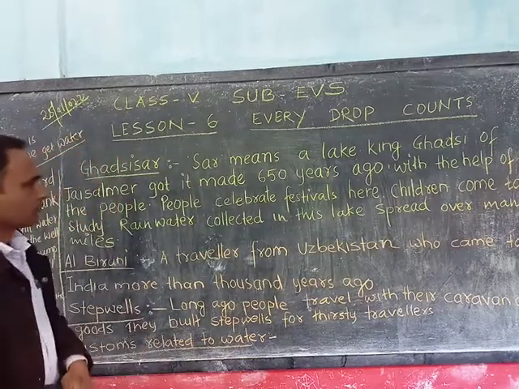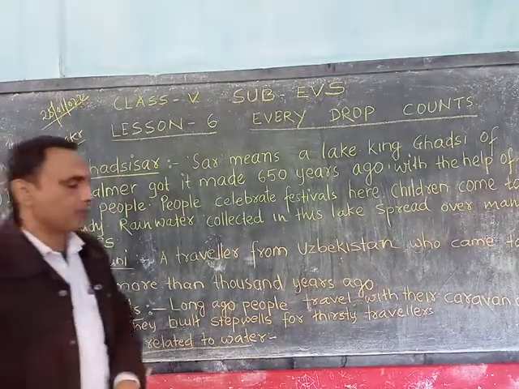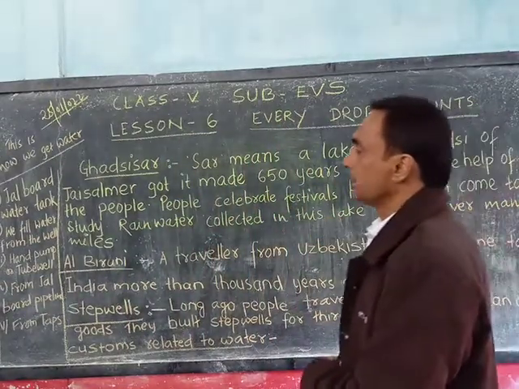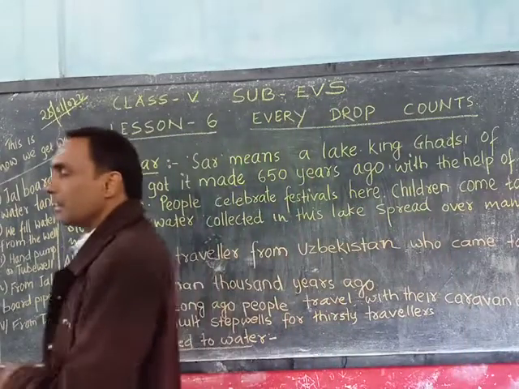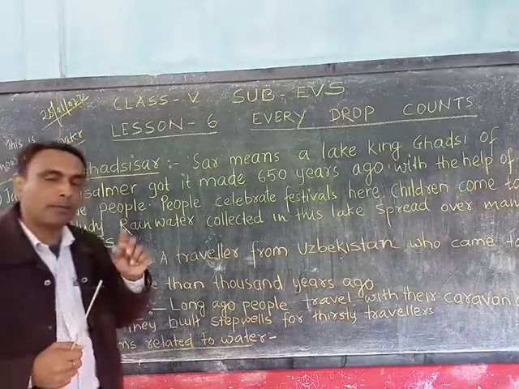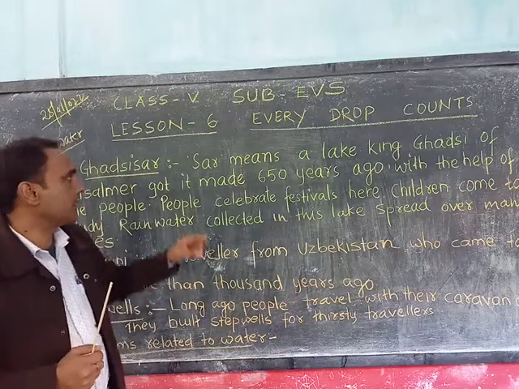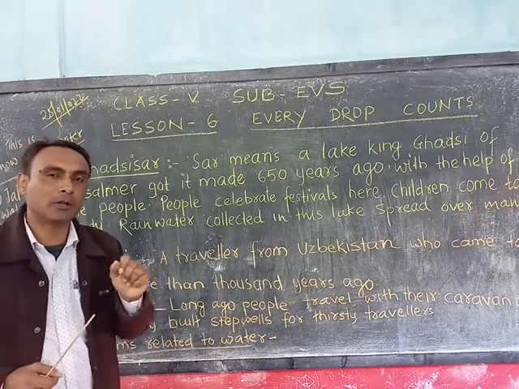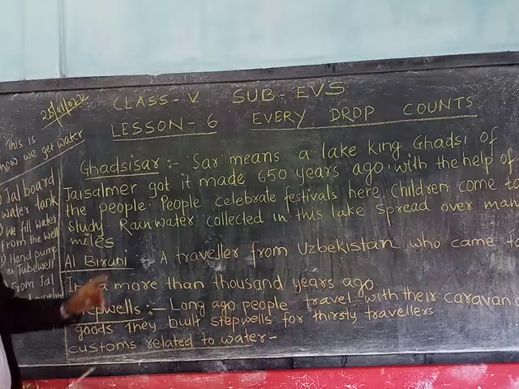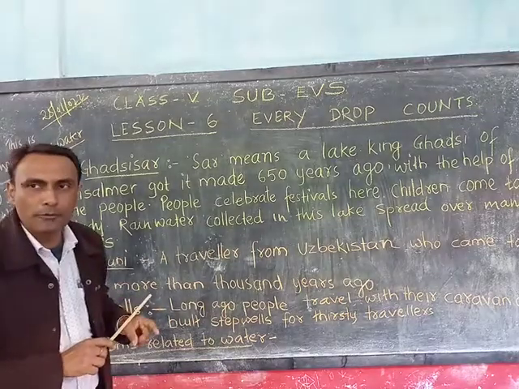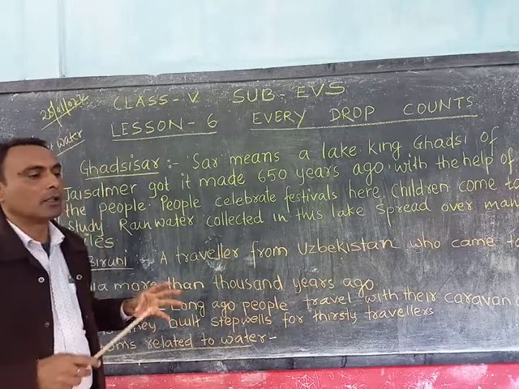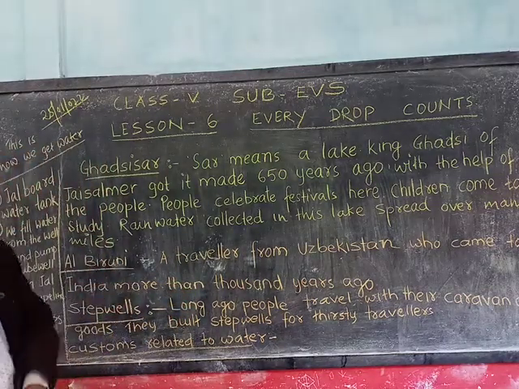People were smart enough to make a lake like Gharsisar. In Gharsisar, there were altogether 9 ponds. How many ponds were there in Gharsisar? There were altogether 9 ponds. Keep it in your mind. And those 9 ponds were filled with water, and that water is preserved, and the entire year the people of that locality use that water.